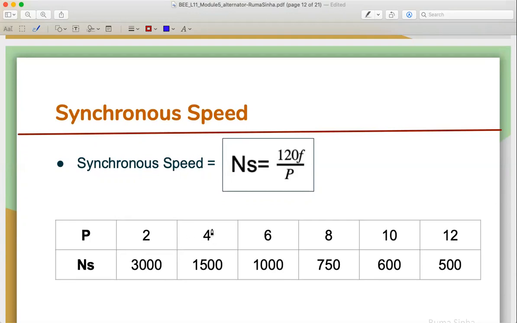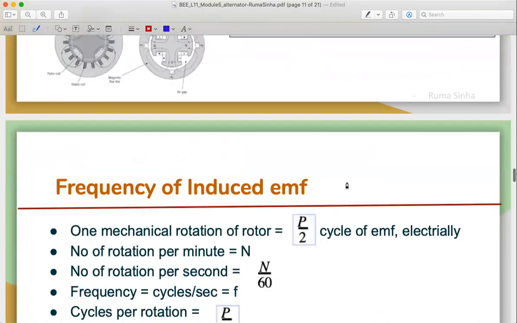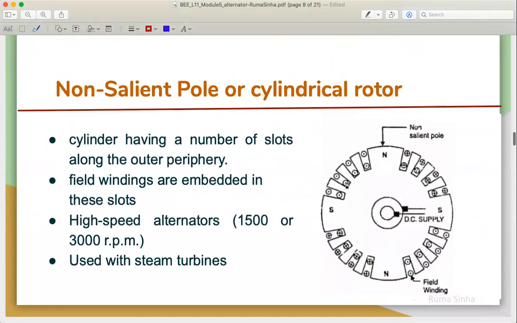If the number of poles is 4, then the synchronous speed is 1500. If it is 6, it is 1000, for 8, 750, and so on. So when I need higher speed, the number of poles should be reduced. That is the reason that a non-salient pole rotor can be run at a higher speed, because it has better mechanical stability.